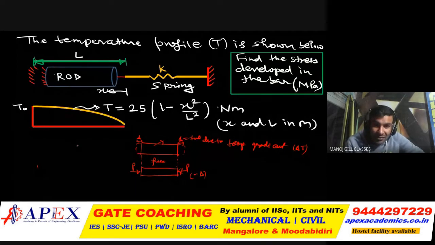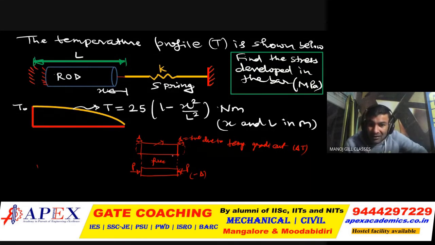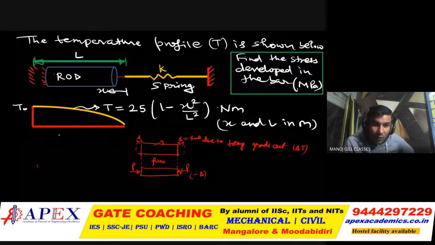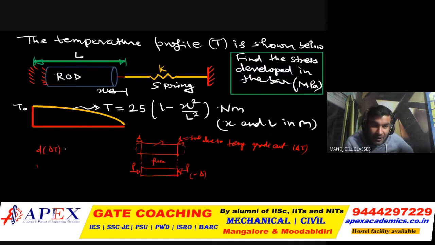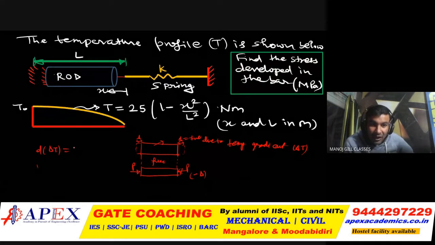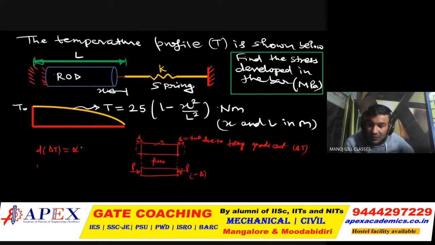So now let us start. First you have done problems like this. The temperature is given, so how will you do it? You have to take a strip, very important now, my dear students. Be careful. So what you will do is d delta T, the change in length, equals alpha into T(x) into dx.